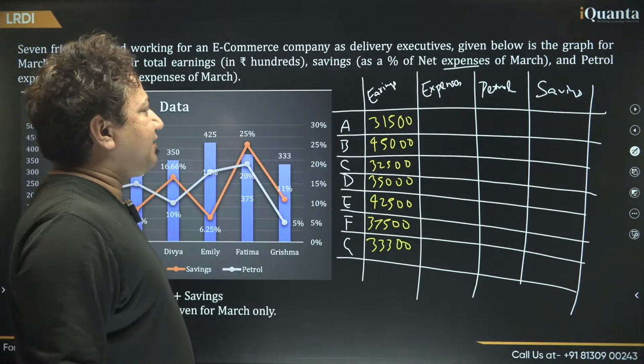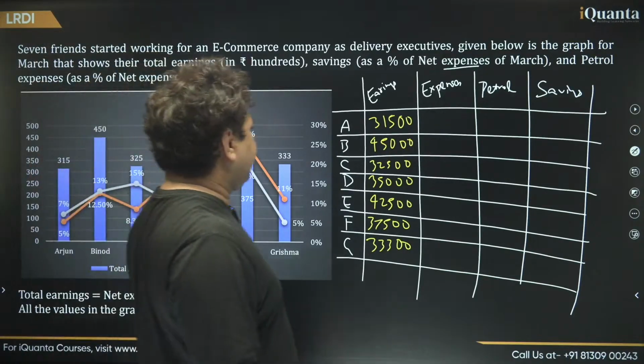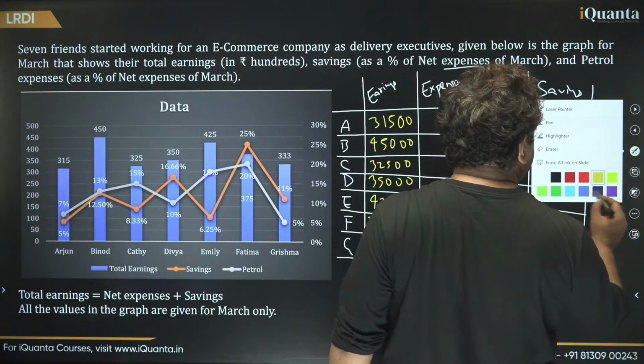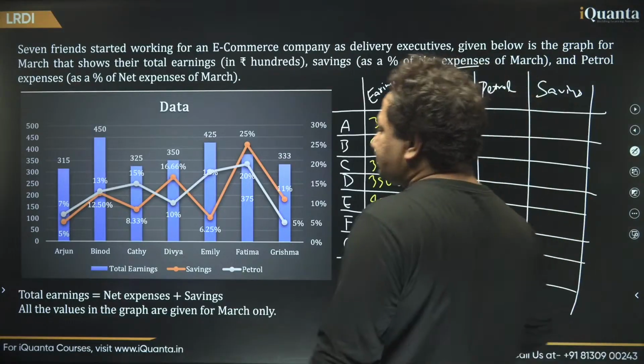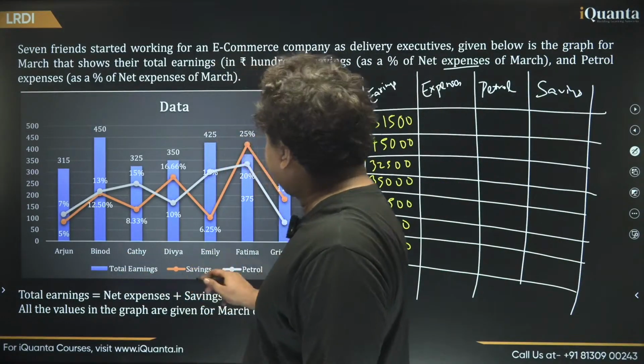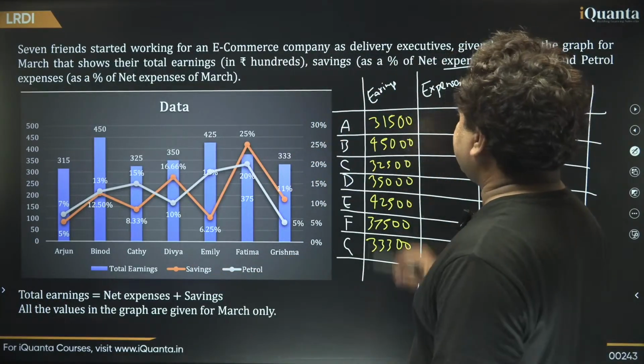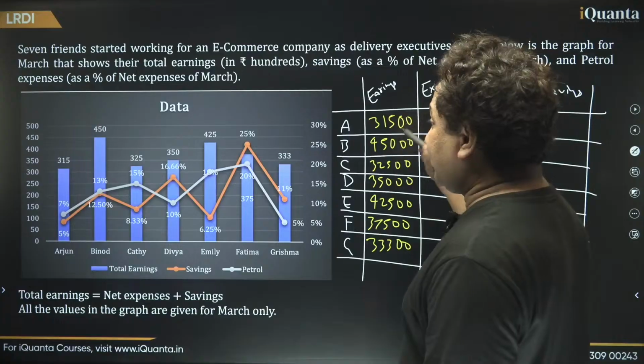All right. I have mentioned all the earnings now. Now I need to calculate the expenses, petrol, and savings. So here we know we have certain data given to us. If I use this, 5% is the savings, and savings is given as a percentage of what? Of net expenses. We don't know what the net expenses are.